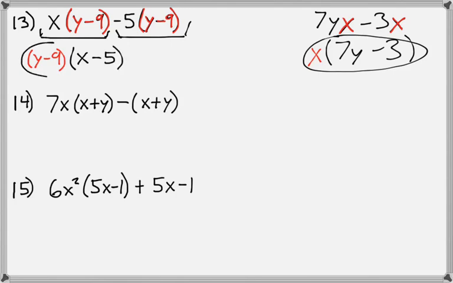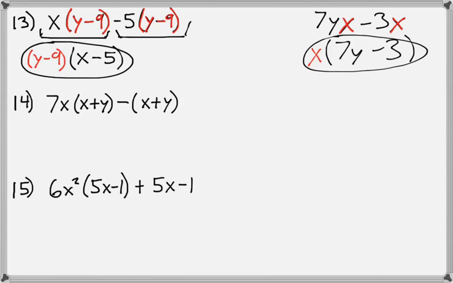And then that would be your final answer. Again, you don't need to use the different colors, but it's going to be y minus 9 and x minus 5. So similar but different. It looks different when it's a binomial, but the process is actually the same.